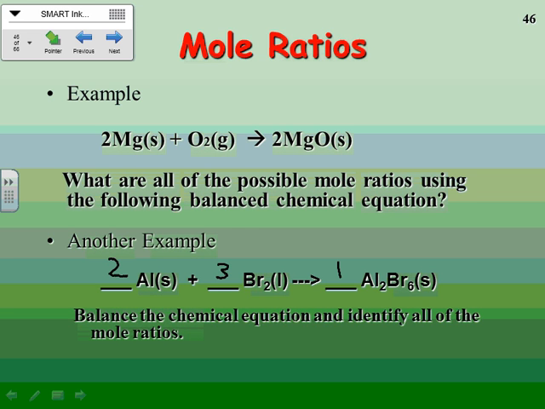So we can say 2 moles of Al need to react with 3 moles of Br2. And I hope you notice how I'm saying this, because these are both on the reactant side. What this equation is telling me is I need 2 moles of aluminum to react with 3 moles of bromine to make 1 mole of the product. Does that make sense, the way that I'm saying it? So 2 moles of Al with 3 moles of Br2.